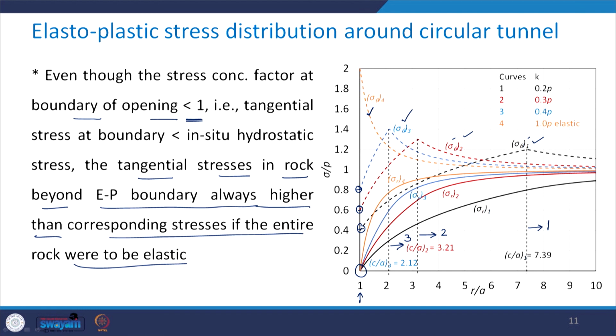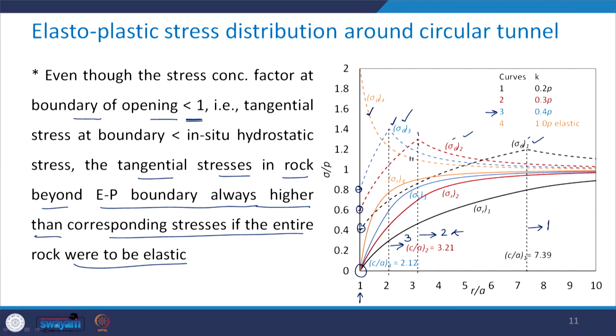Now, you see here, if you take the third case, this orange curve is always below this blue curve which corresponds to the third situation. So, in this case it is true that the tangential stress beyond the elastoplastic boundary is higher than the situation if the entire rock mass were to be elastic. Similar is the situation if you see case 2 here.